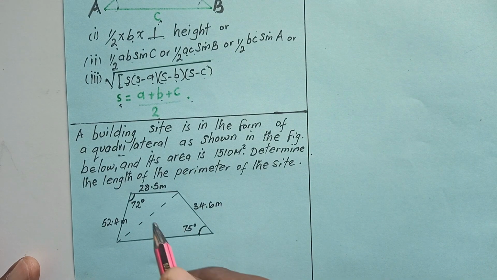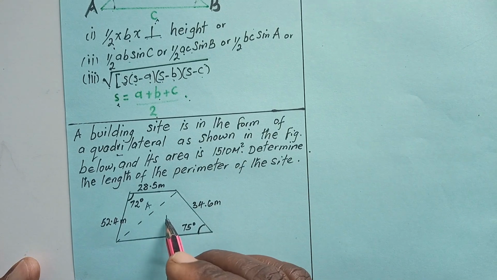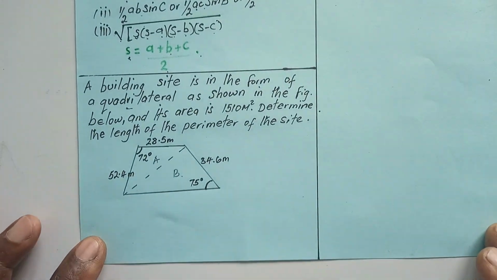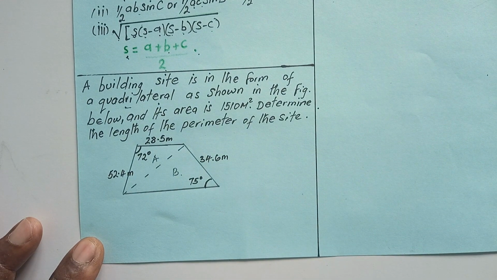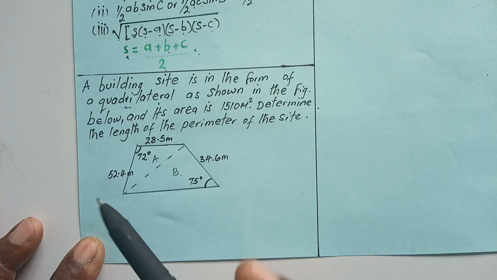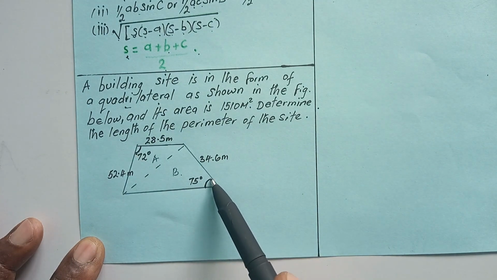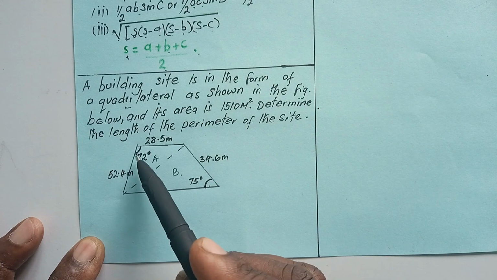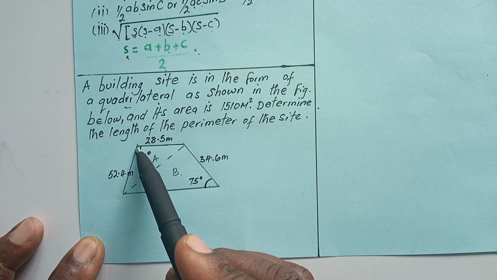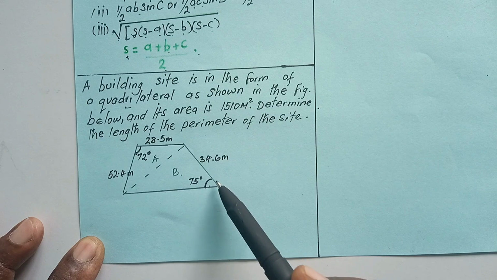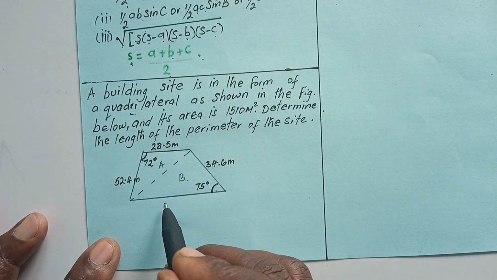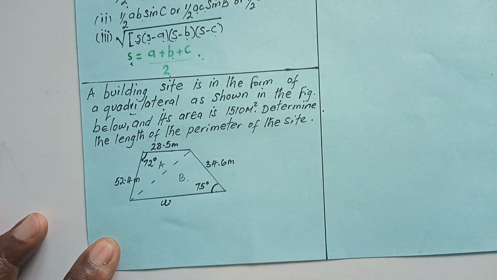I can call this one triangle A, this other one triangle B. Then, since we are given the included angle here and another included angle here, this side we are given, this other side given, this side given, but we are not given this side. We call it W.